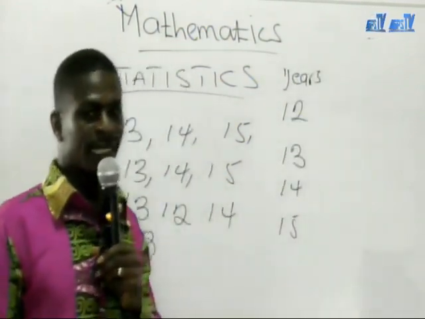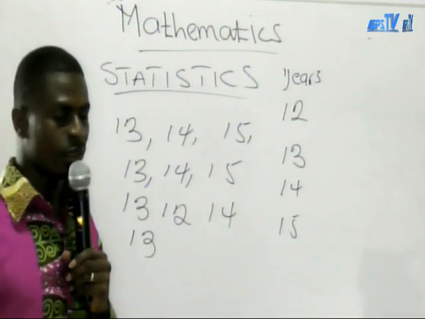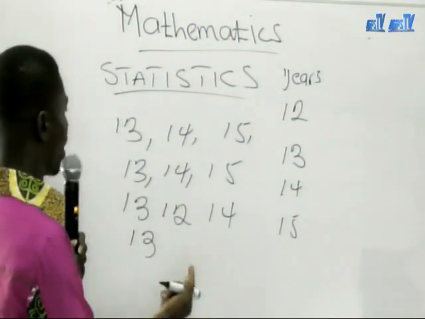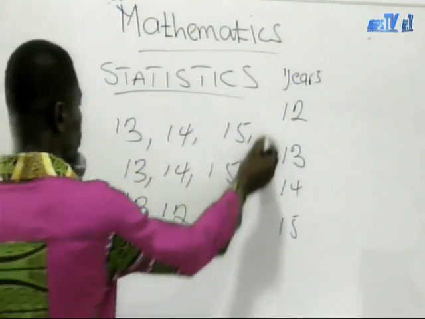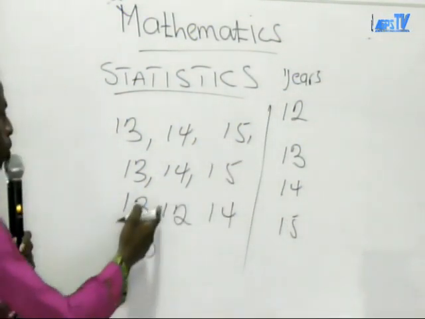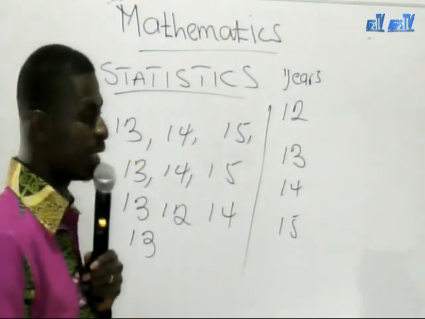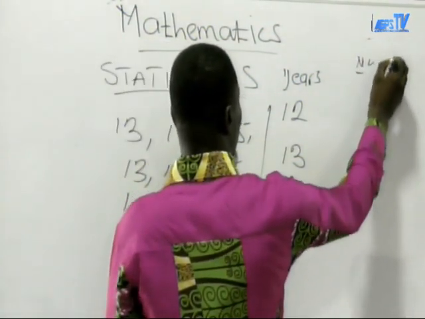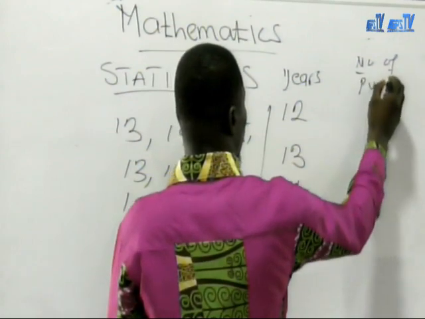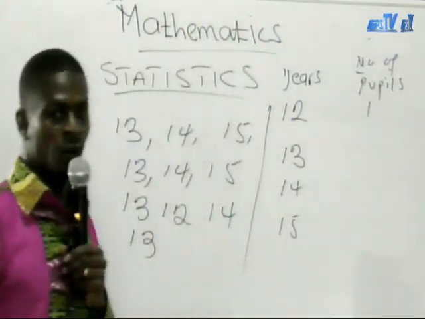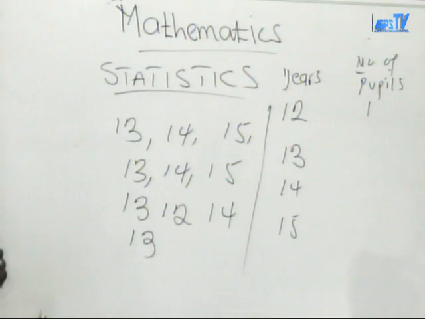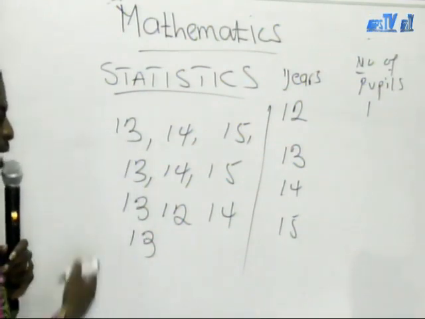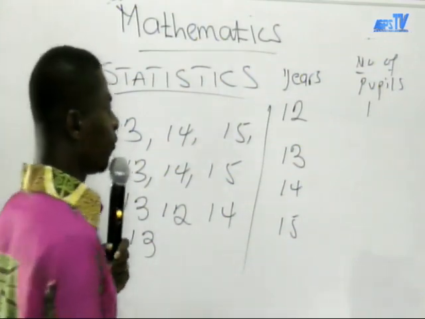So my information is years. So I count how many people are 12. So from here I have one person being 12 years, so I put it here. This is the number of people. Then for 13 years I have 4, so I also put 4.